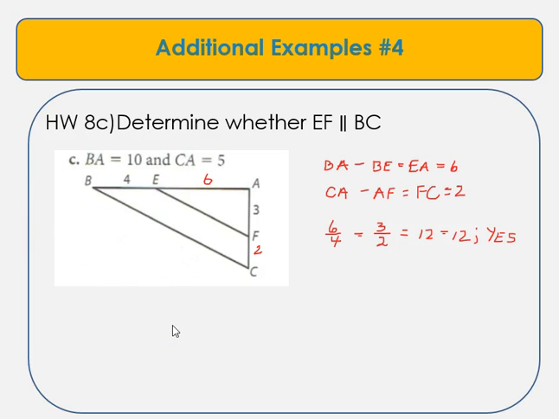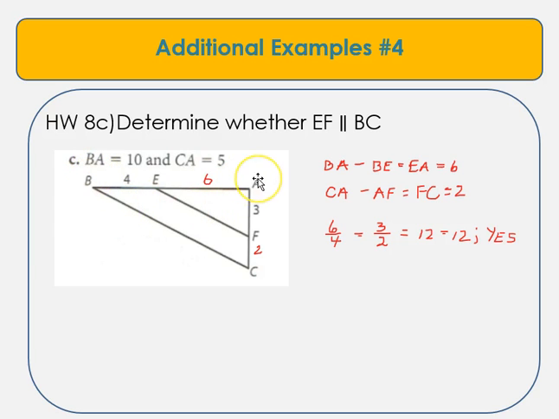Homework problem 8C. Determine whether EF is parallel to BC. Now this is a little different. You have to do some back solving. So we have BA is 10, and we have CA is 5. We know that BE is 4, so we need to solve for this piece, EA, before we do anything else.